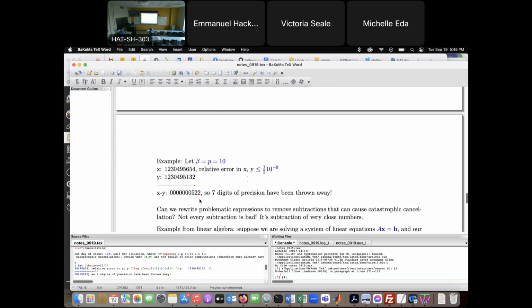So my floating point system has 10 digits of precision. My result has only 3 digits available. I've just given away 7 digits of precision. So this result is a lot less accurate than the numbers that were subtracted in the first place. So that's why cancellation is such a big problem.